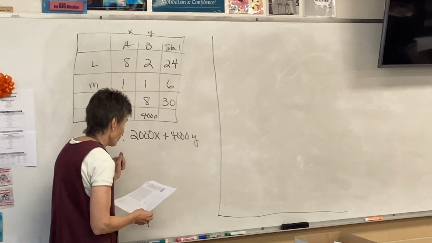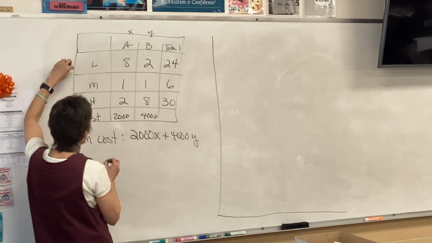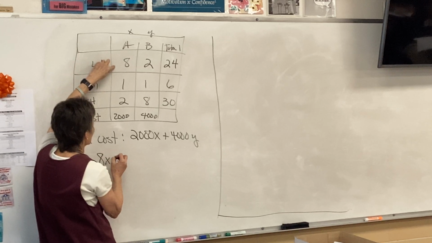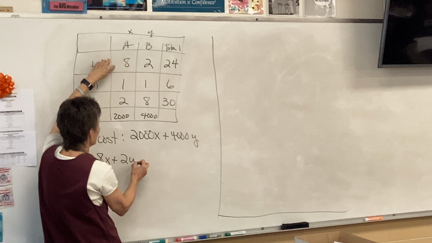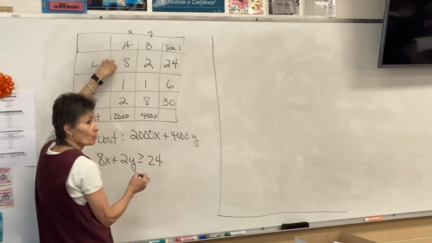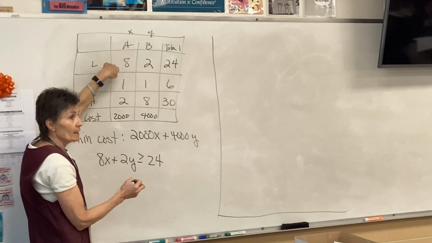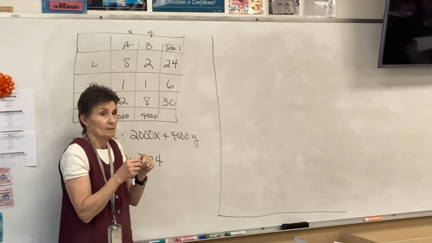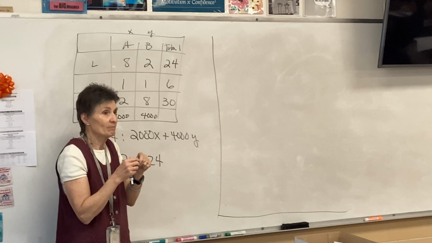All right, so what are my constraints then? 8X plus 2Y has to be greater than or equal to 24. If I need 24, then I can't have less than 24.